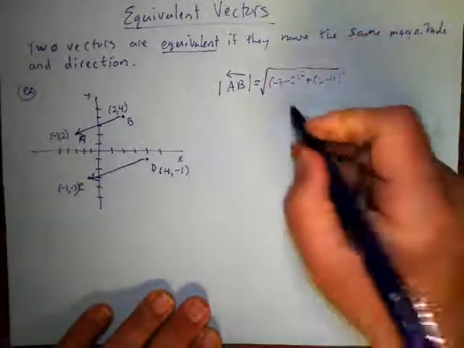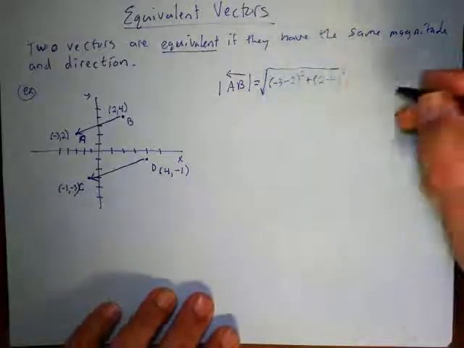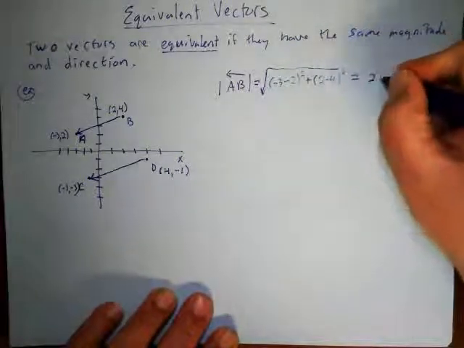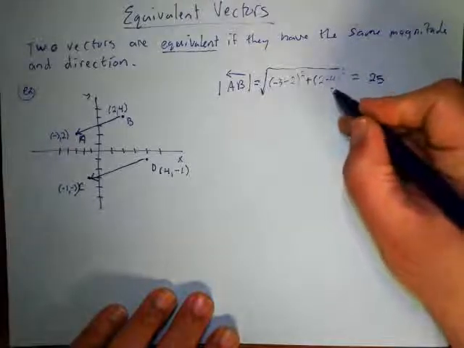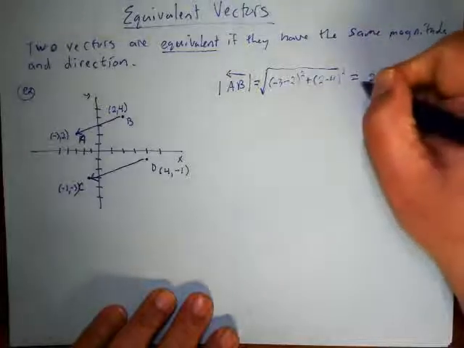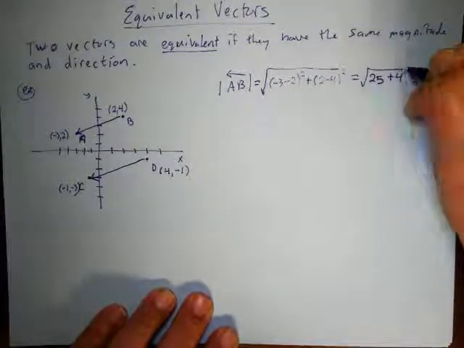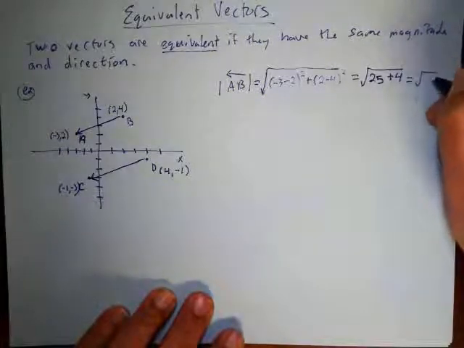So -3 plus a -2 is -5 squared, which equals 25. And then 2 plus a -4 is -2 squared, which equals 4. Now we can add those together.